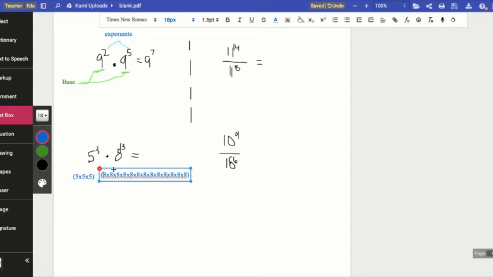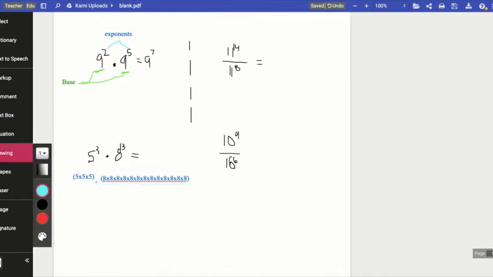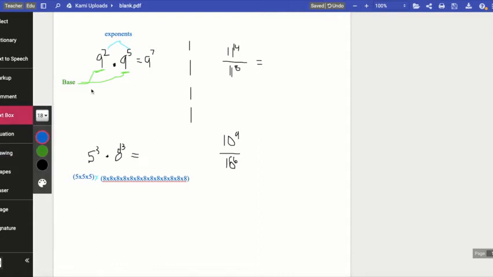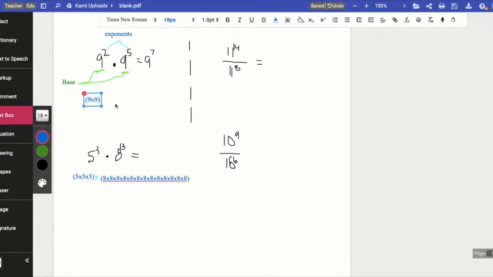So can I conclude that I have 16 5s in all, or 16 8s in all? No, we cannot. So that's why we cannot use a trick if the bases are different. And just a reminder up here, this is the same as saying 9 times 9, 9 squared, times 9 times 9 times 9, 5 9s.